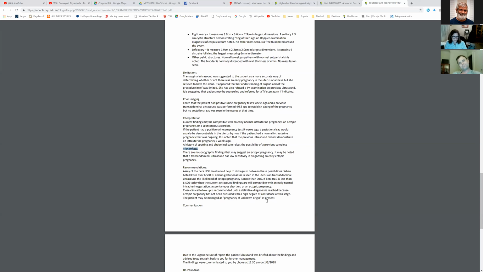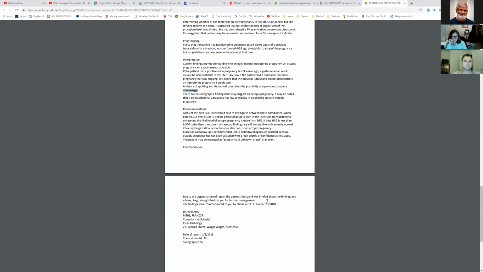The RCOG guideline classifies pregnancy of unknown origin, and then it has well-defined protocols for what to do after that. So you have given a definitive answer to the referrer. This is how you proceed. Communication: due to the urgent nature of the report, the patient's husband was briefed about the findings and advised to go straight back to you for further management.